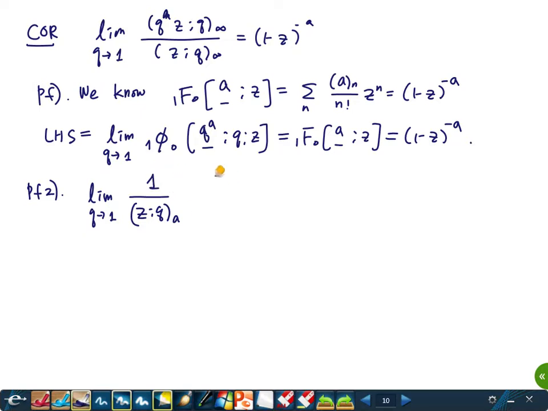Here it doesn't have to be necessarily an integer. If A is an integer, we immediately see that this is 1 minus Z. But for general A, we also have this.